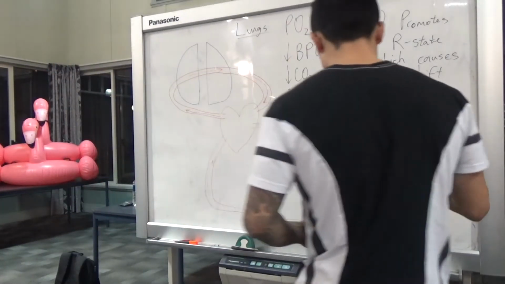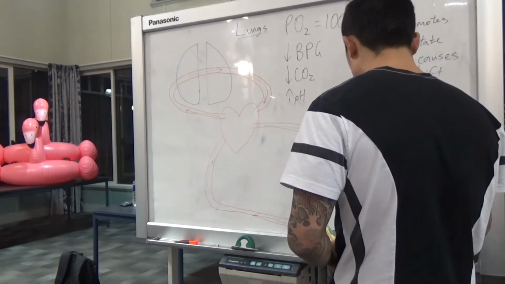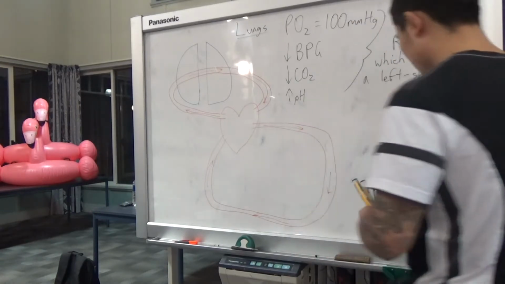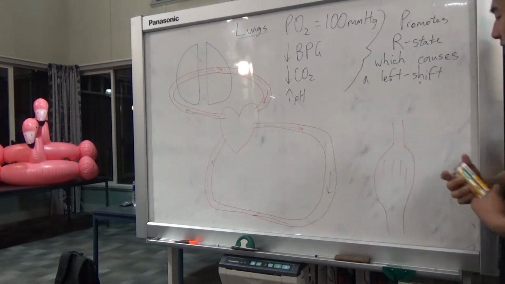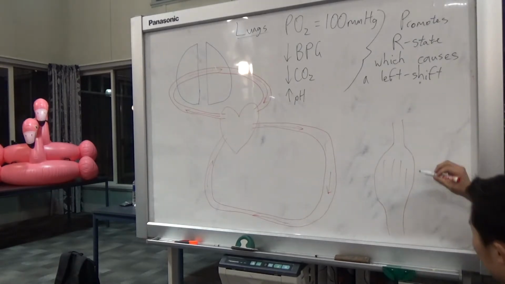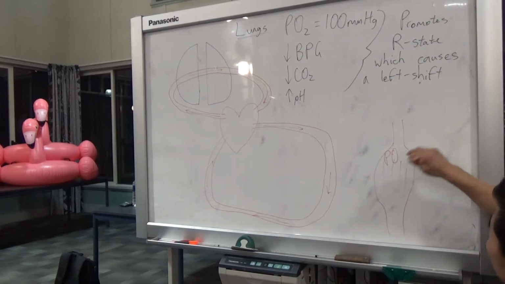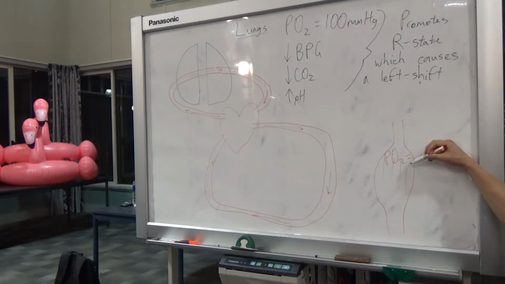So we have our active muscle here. If the muscle is working hard, the partial pressure of oxygen inside the muscle cell can be as low as 2 millimeters of mercury.